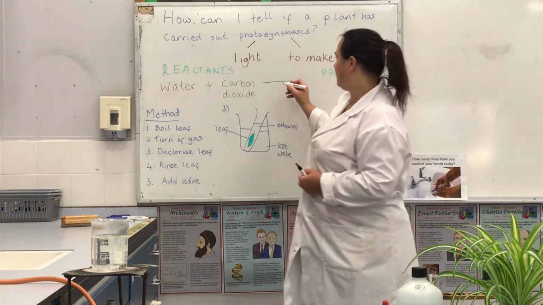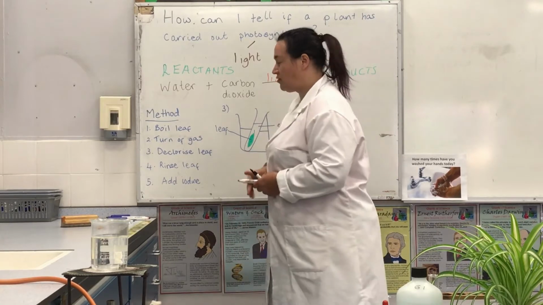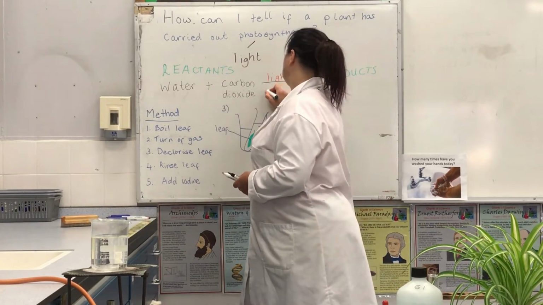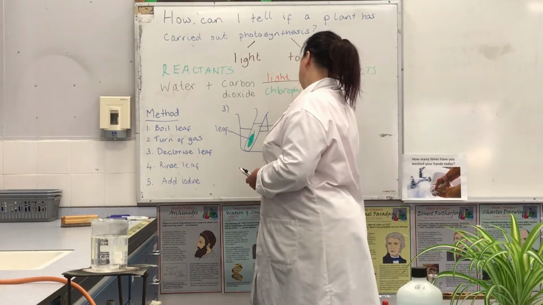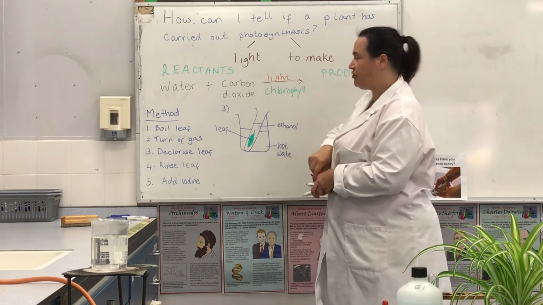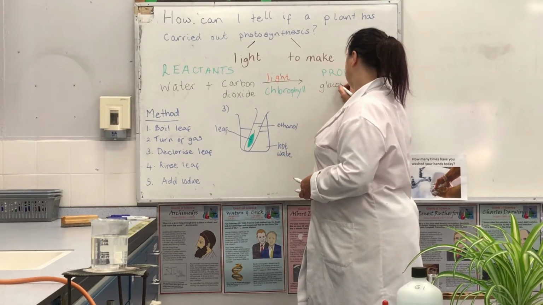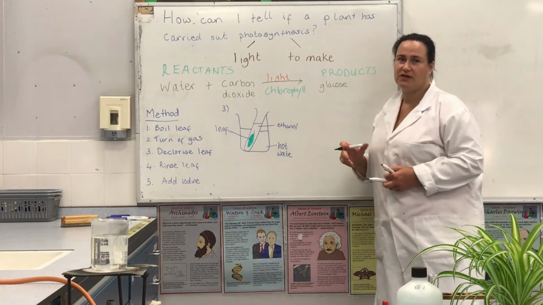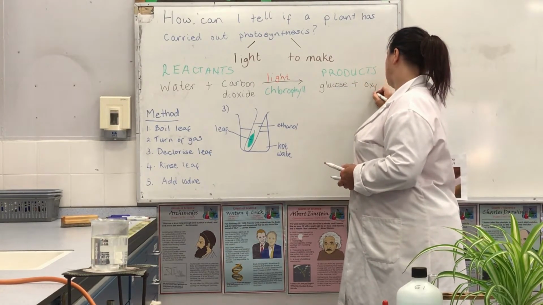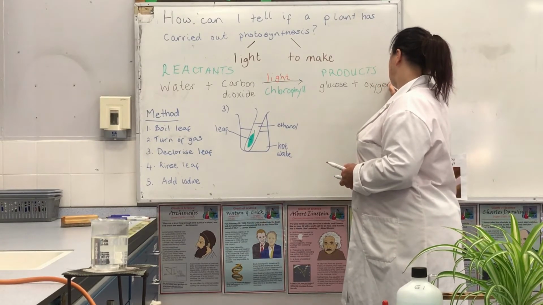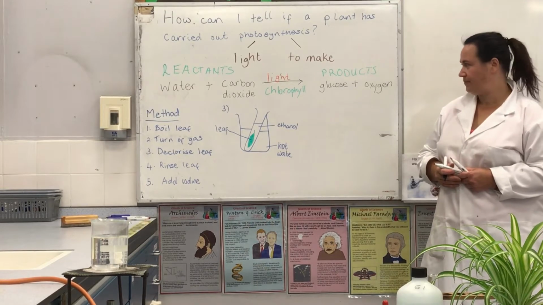In the presence of light and chlorophyll, the leaf produces glucose sugar, which it uses for respiration, and waste oxygen that it releases from the leaf.